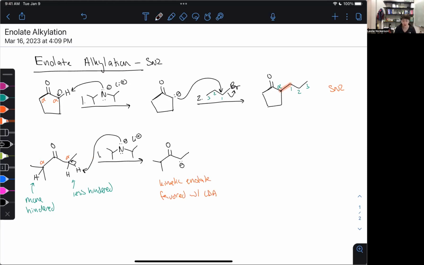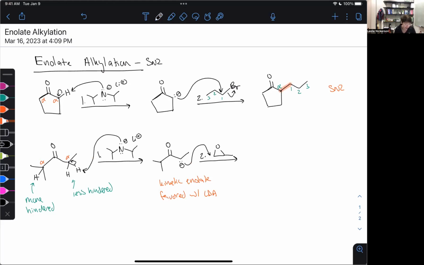And then from that kinetic enolate, if we want to add in whatever kind of electrophile we want, in this case, let's go ahead and do an epoxide just for fun. Let me add in a methyl on there. Again, we're not changing any of the rules. We're still in basic conditions, which means we're going to attack the least substituted side of that epoxide.